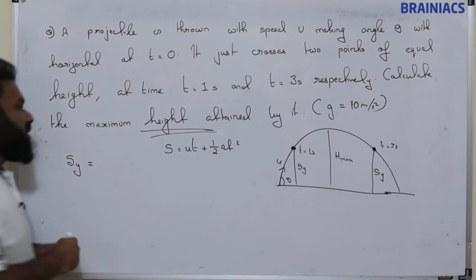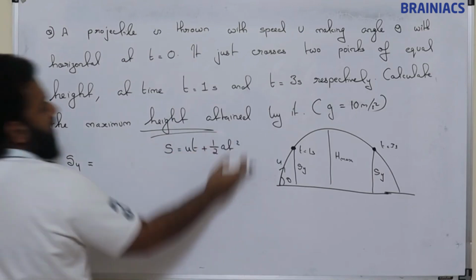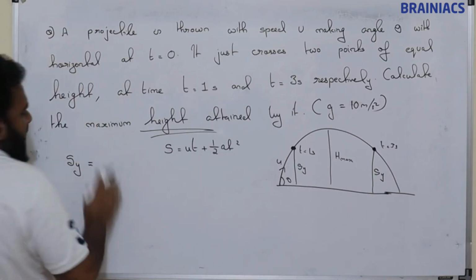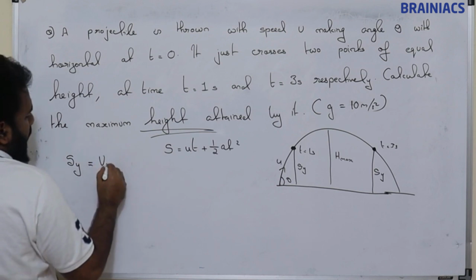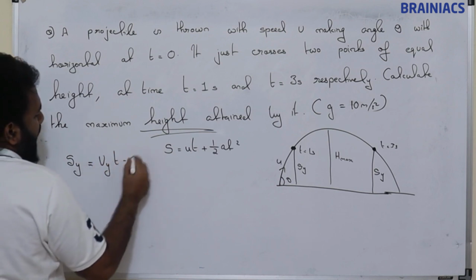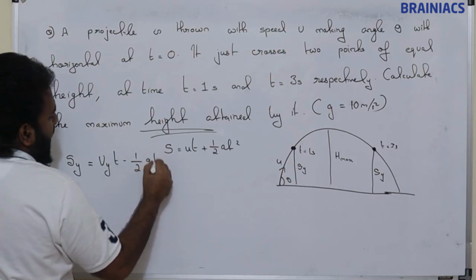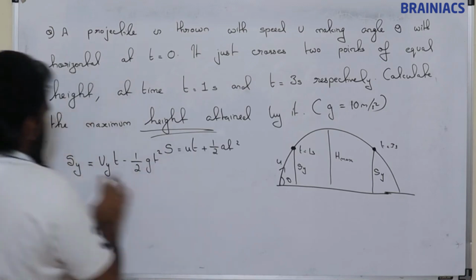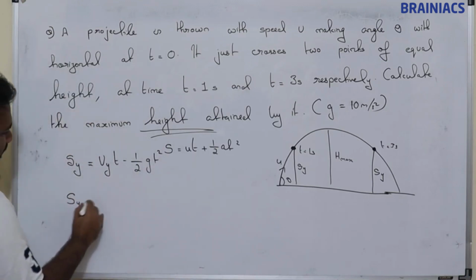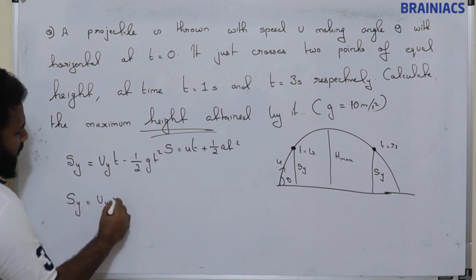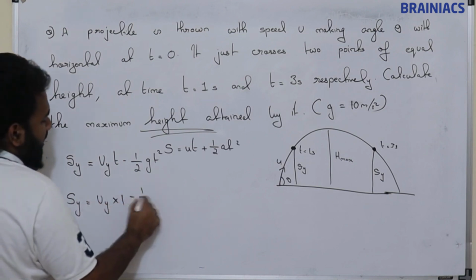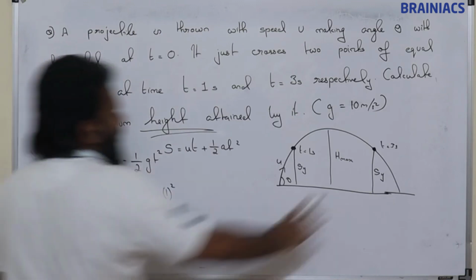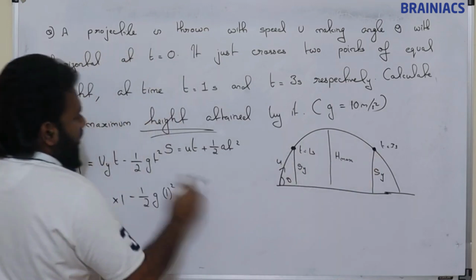So S is equal to ut plus half at square. Since constant acceleration is there, this is the equation we are going to use for vertical displacement. So Sy is equal to uy into t minus half gt square, right? So we can write this as Sy is equal to uy into 1 minus half into g into 1 square, and this will be the same as this height.